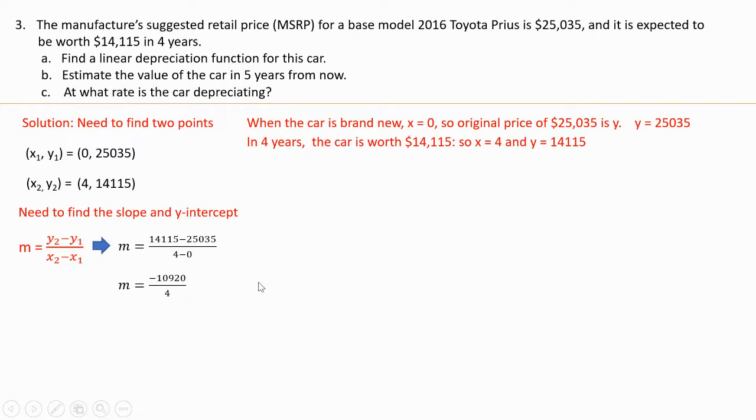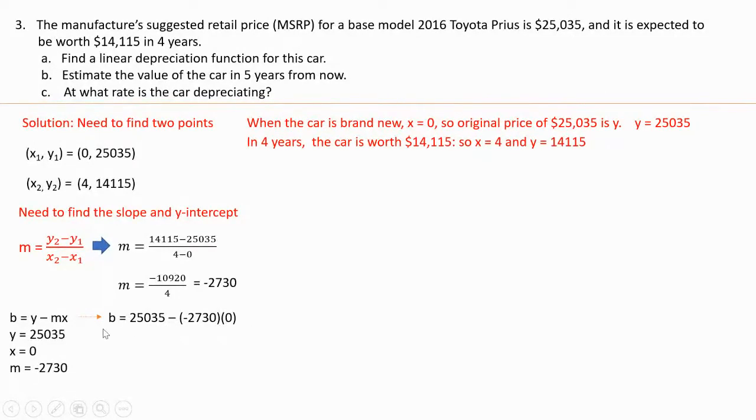So we get negative 10,920 over 4, which becomes negative 2,730. So that's my slope. Now, to find my b, right, b equals y minus mx. So it's easier to use the first one, the (0, 25,035). So y is 25,035 and x equals 0. And my slope is the one that we just got, which is negative 2,730.